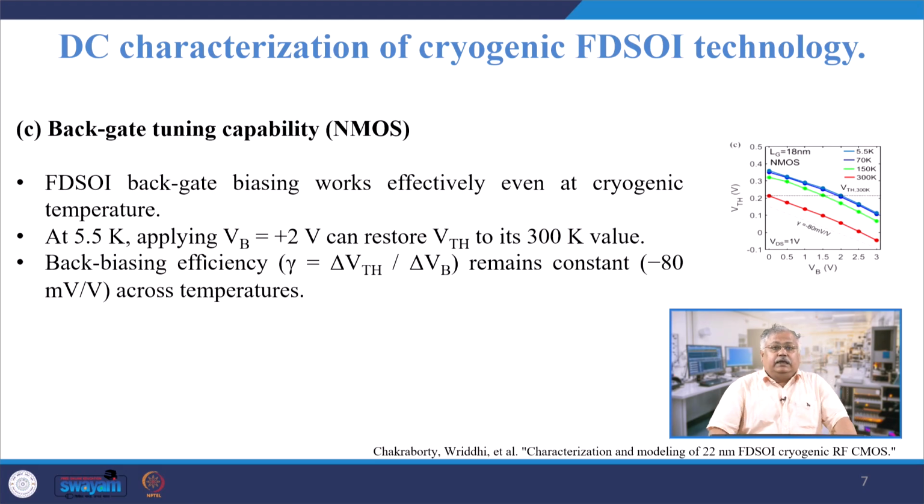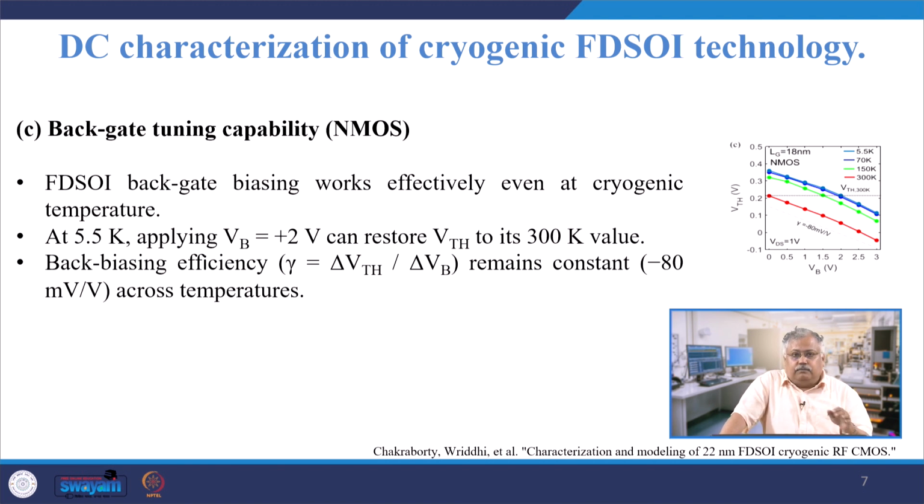Now, in case of FDSOI, since your backside dielectric is very large, you need to give a relatively larger substrate potential in order to change the threshold voltage, right? And therefore, even at cryogenic temperatures, FDSOI backgate biasing works very effectively, as compared to a bulk MOSFET.